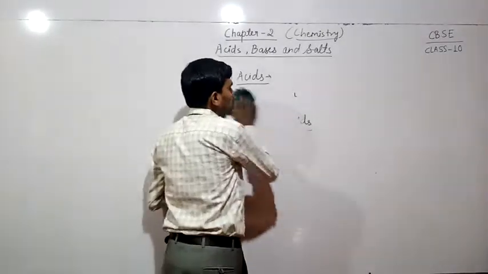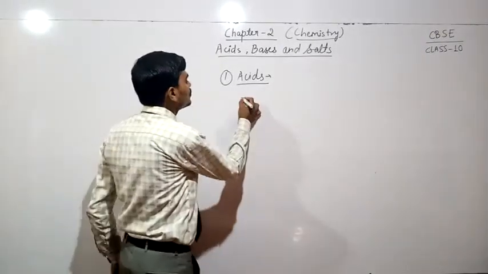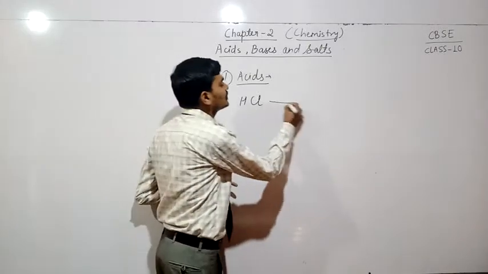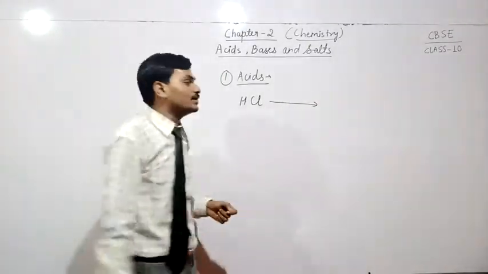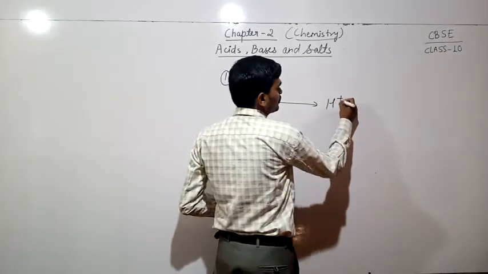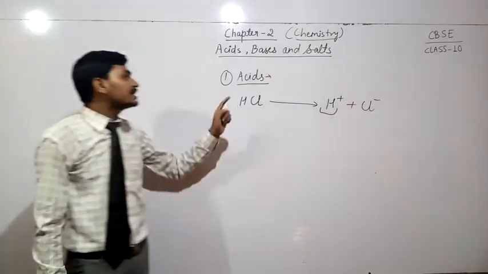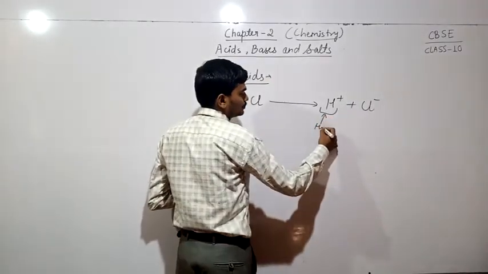Let's take an example, that is HCl. If we form the aqueous solution of HCl, then it breaks down into H plus and Cl minus. That is, HCl gives the hydrogen ion.